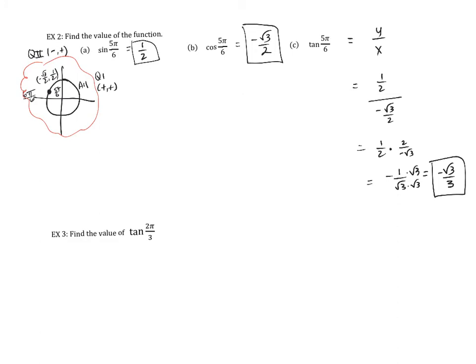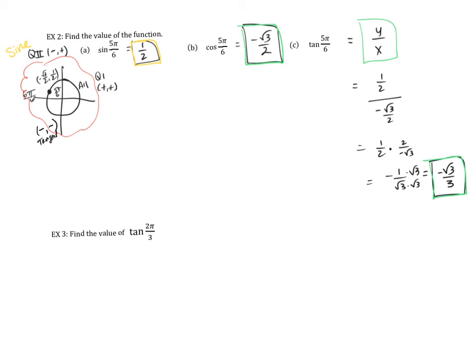So the sine is positive, but the cosine, anything having to do with x, was negative. So the only thing positive over here is just sine. And then over here, since it's negative x, negative y, if you had x divided by y, it'd be positive. So tangent's positive, everything else is negative.